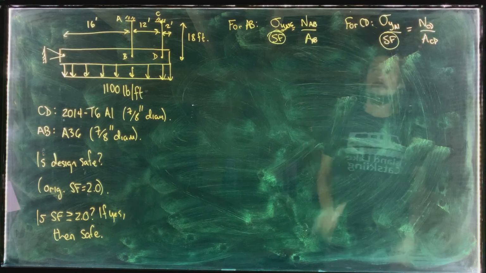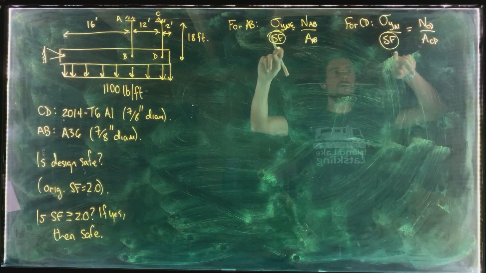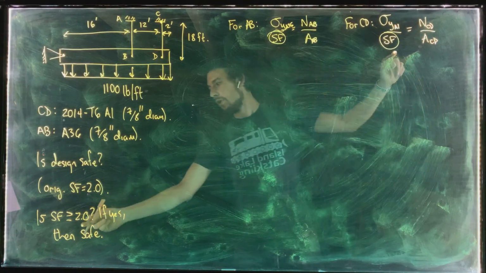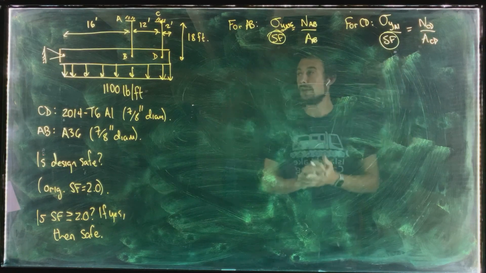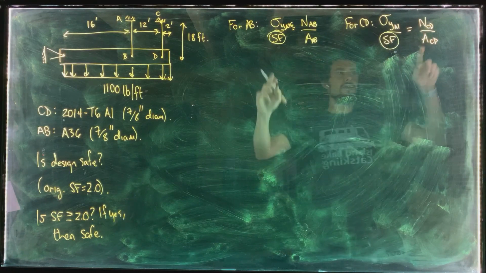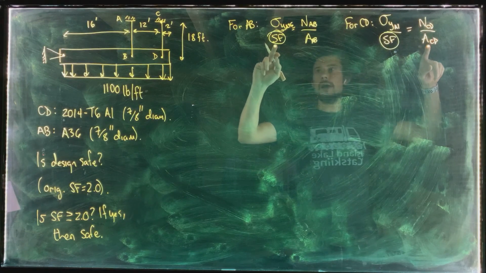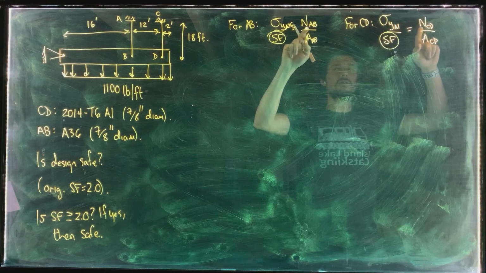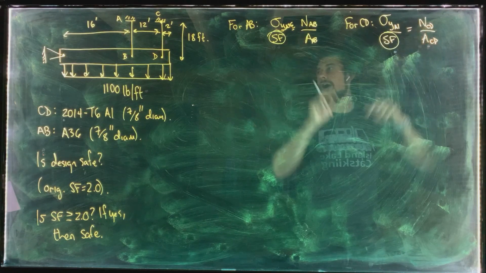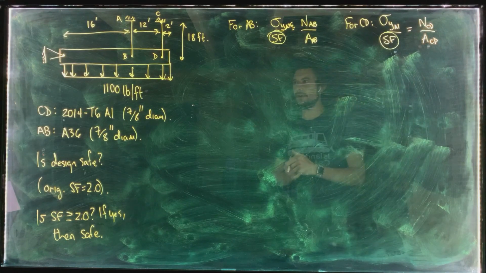And again, solve for the safety factor. And if either of those safety factors are below 2.0, then the design is not safe. Okay. So the real name of the game here, after you've gone through that intellectual process, is just to find what the normal forces are in those two different cables.